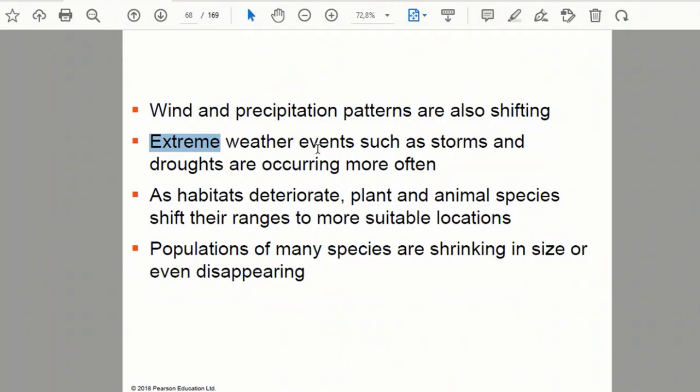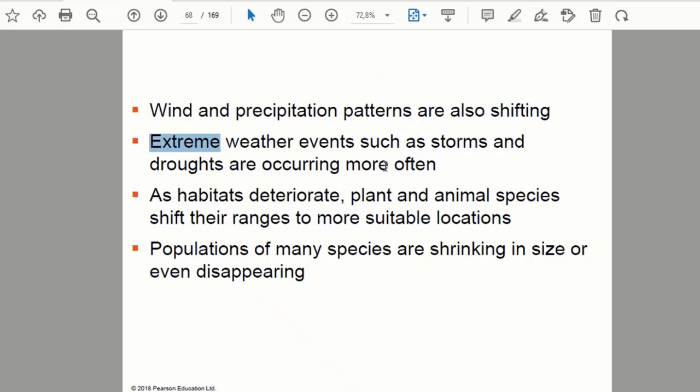That's what even animal and plant species do if their habitat or environment is altered. But I'd like you to use the word habitat, so that you can be more specific, if it deteriorates or is shifted by events such as storms and droughts.